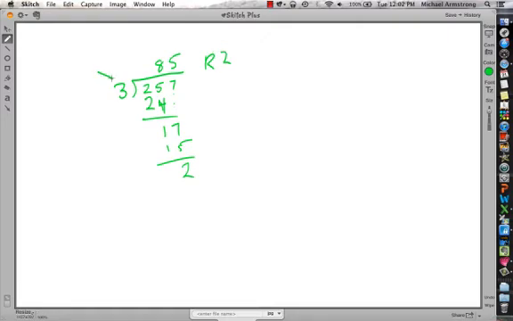Okay, so this is your divisor. This, put the arrows on there, is your dividend. And this is your quotient.